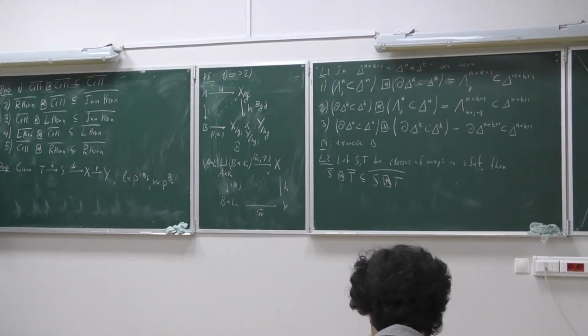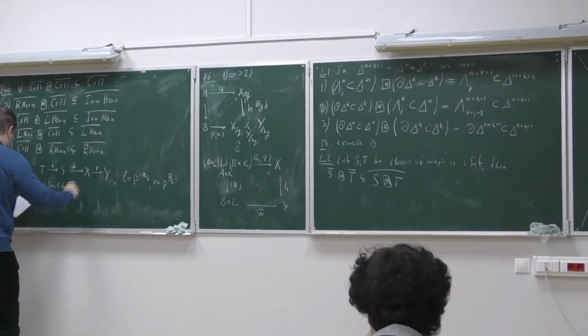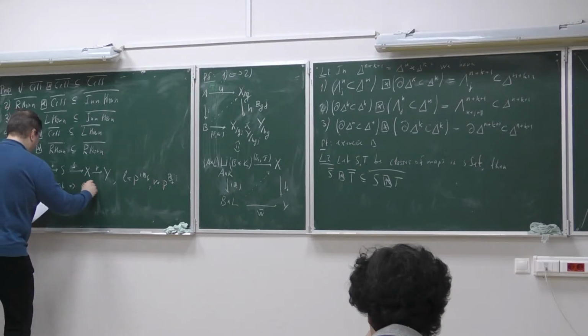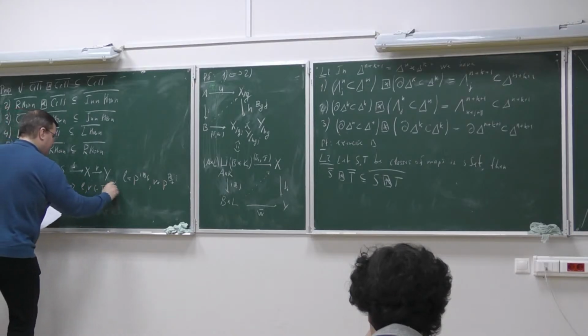Okay, so then we have the following. Part one: I assume that I is a monomorphism, so closure of the cell, and I assume that P is a trivial fibration. Then from this I can conclude that L and R are trivial fibrations.